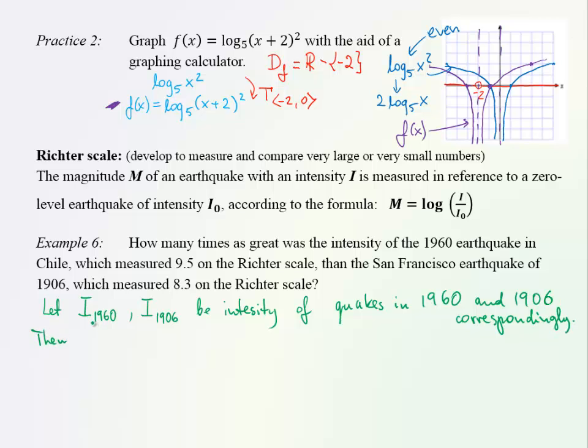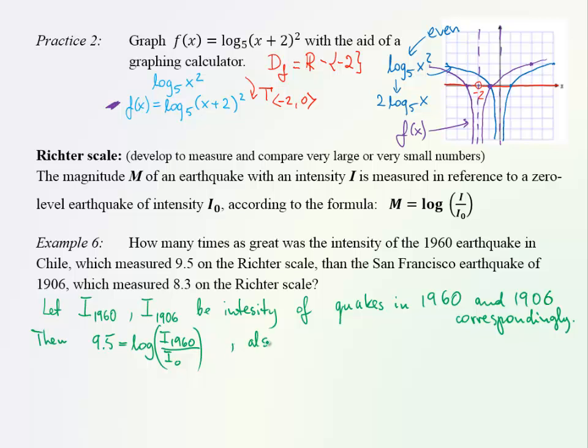Then, we know that this earthquake was 9.5 on the Richter scale, which means that 9.5 instead of m is equal to log of I 1960 over I0.